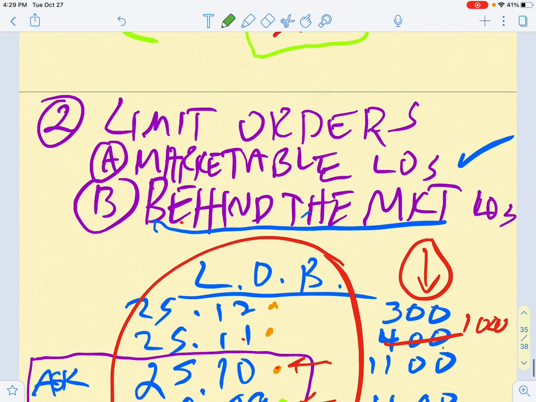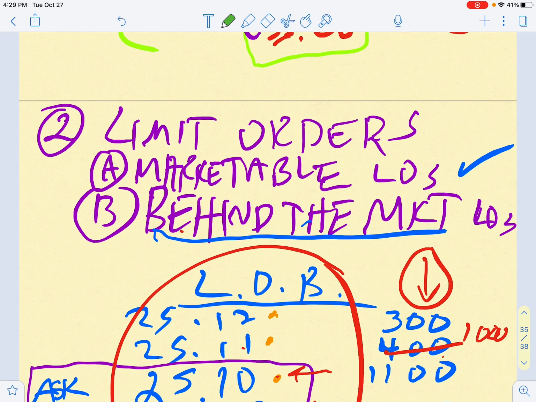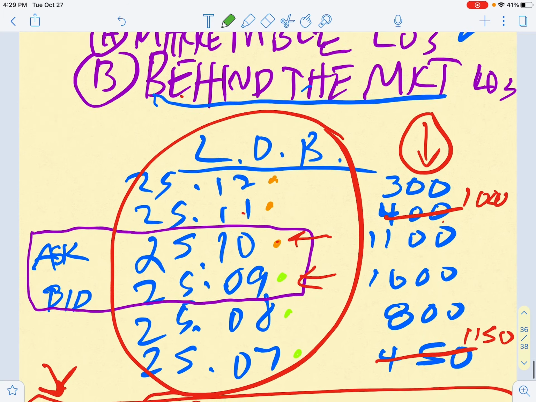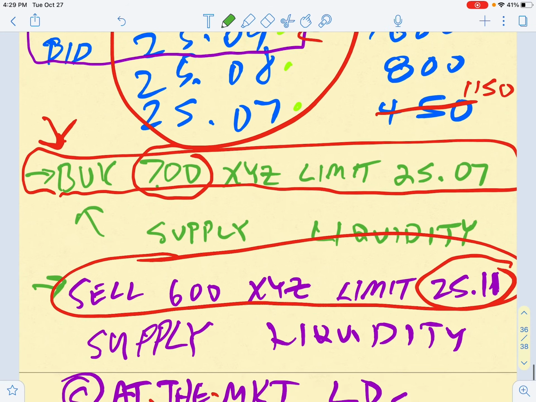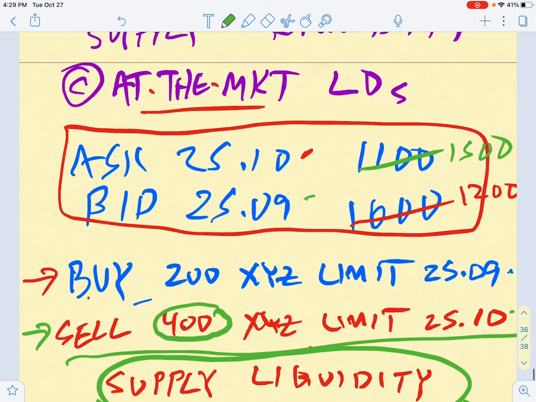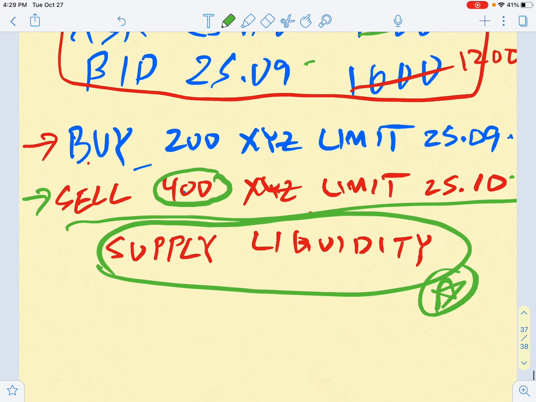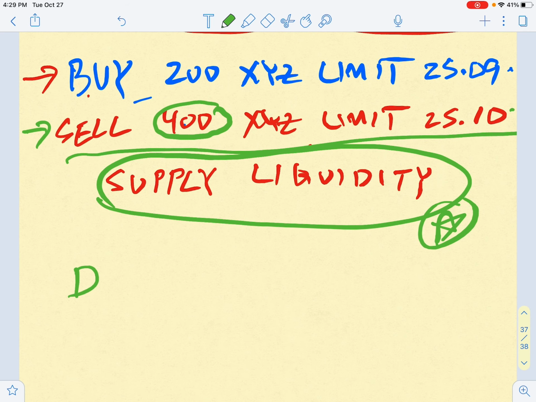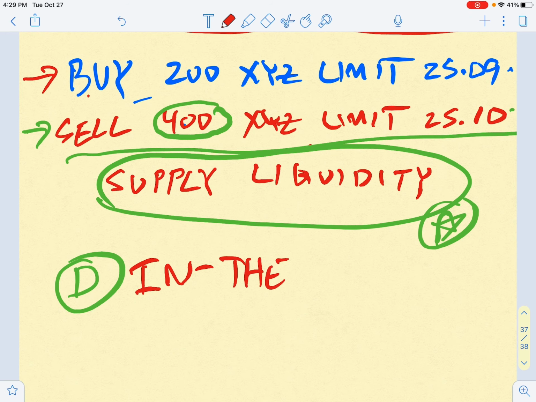So far we've seen marketable limit orders, behind-the-market limit orders, and at-the-market limit orders. Now let's look at our fourth type. I'll call it D. These are going to be in-the-market limit orders.